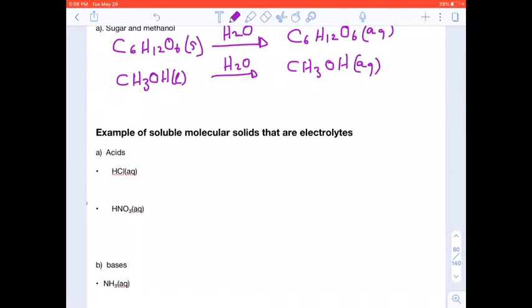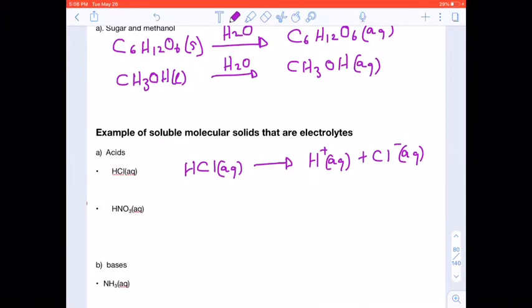But let's look at some different molecular substances, like an acid. With an acid, if we have HCl in water, it has no ions in that molecule, but in water it can form ions, and it forms H+ ions plus Cl- ions.